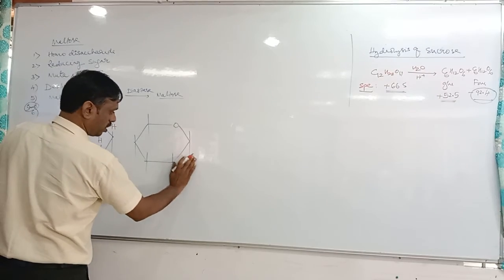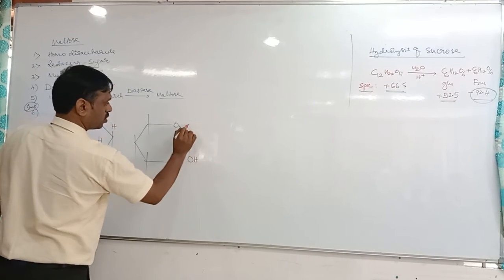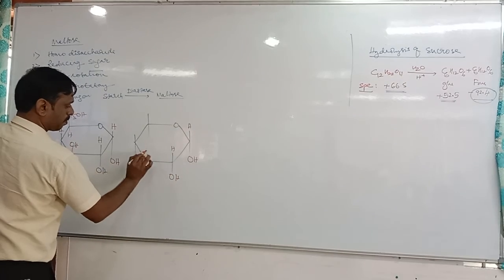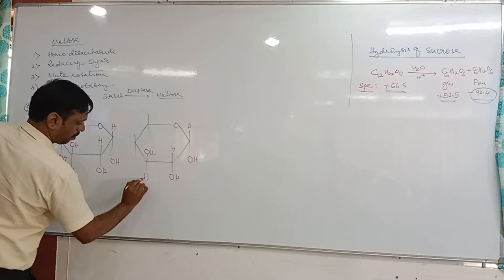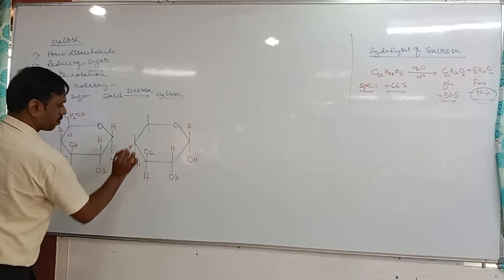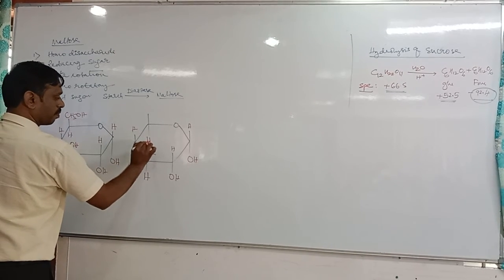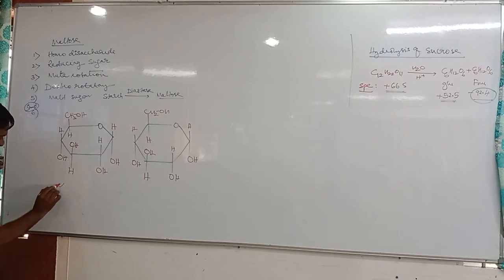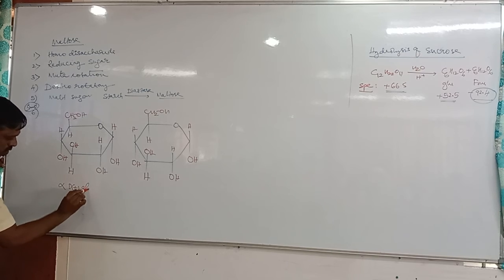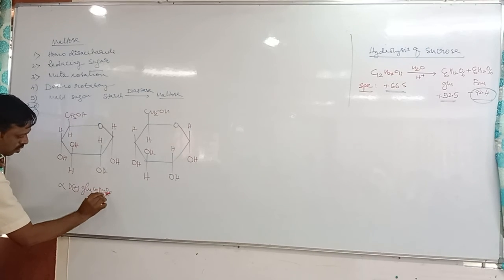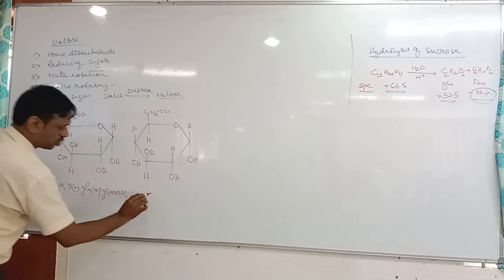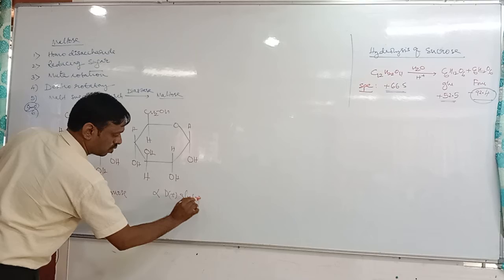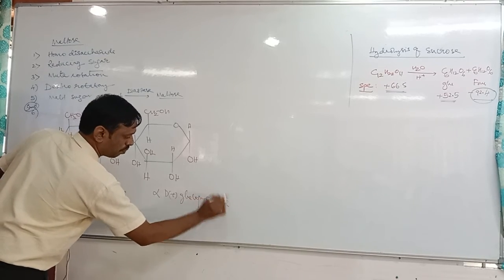In the first carbon, again the OH is the same. So this is alpha D plus glucopyranose and alpha D plus glucopyranose.